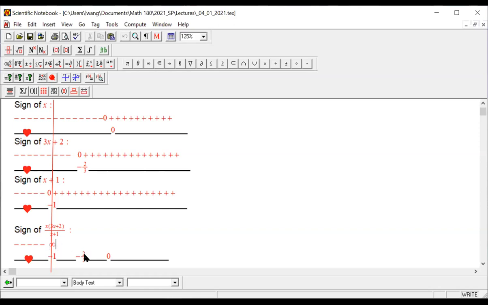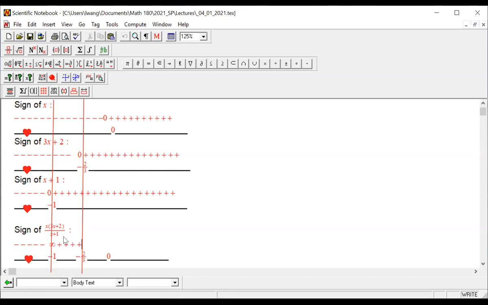Between -1 and negative 2/3, what happens? You have 2 negative signs in the quotient, right? That would be positive. Okay, at negative 2/3, what happens?